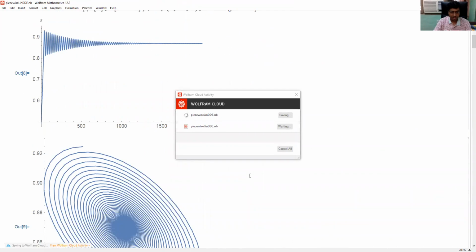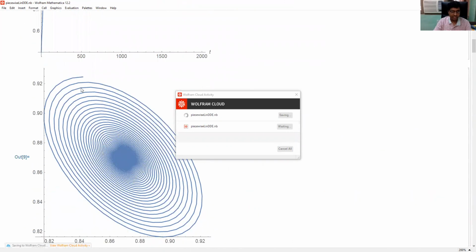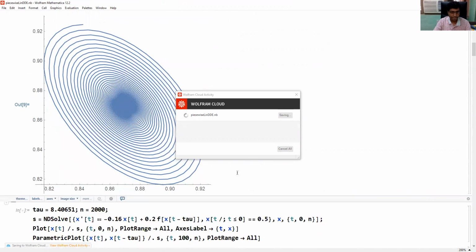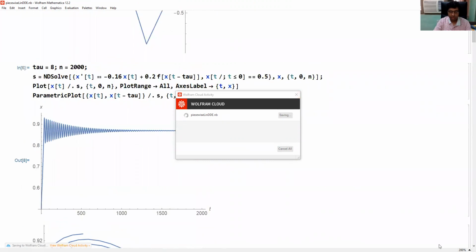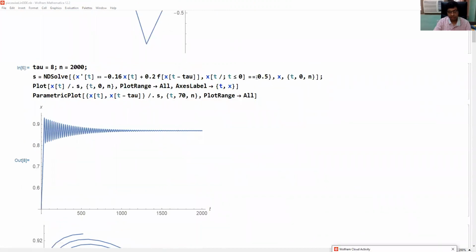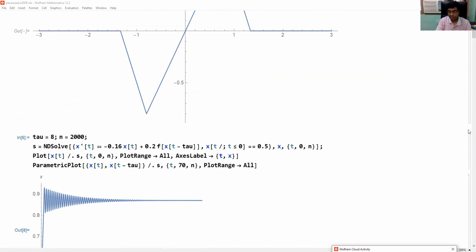Okay, so this is a spiral sink. Now what we do, we consider an initial condition between 0 and minus 0.87 and check what happens. 0 will repel the trajectory and minus 0.87 will attract. Okay, so let us see.